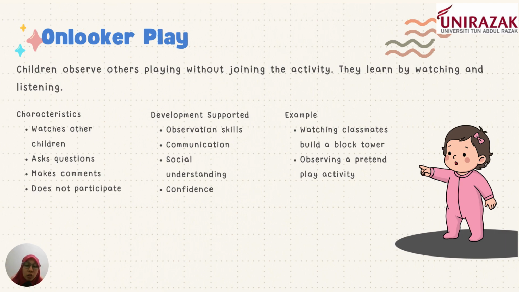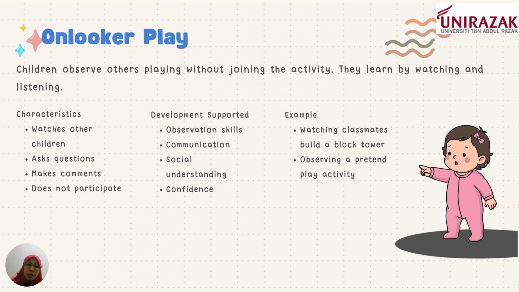They watch others and spend their time observing how the other children play. Probably they will ask questions because they might be curious about what is going on, and sometimes they will make comments. They might say something about the play they are watching.